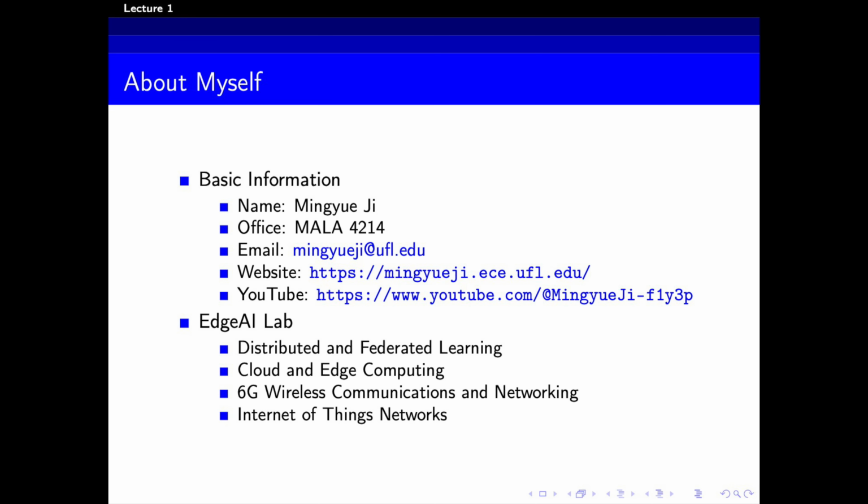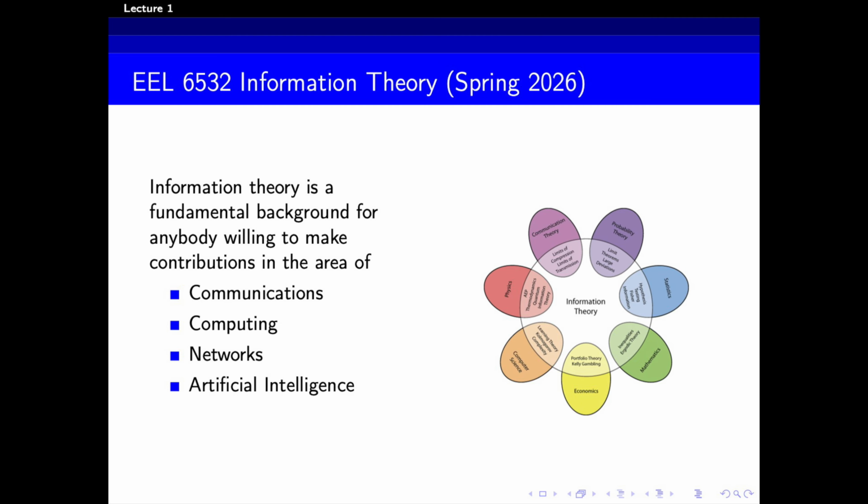Okay, great. If no questions, let's go over what we covered in the last lecture. We didn't cover a lot in our last lecture. Basically, I introduced myself and my lab, and then we mentioned that information theory is probably the most fundamental theory in many things, including communication theory, compression, storage, statistics, probability, and also artificial intelligence, and many other things.